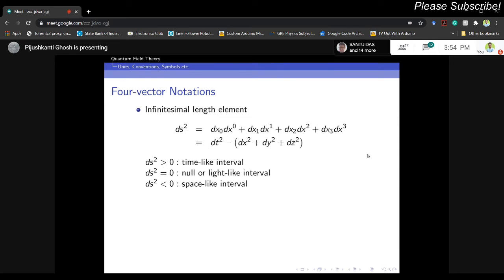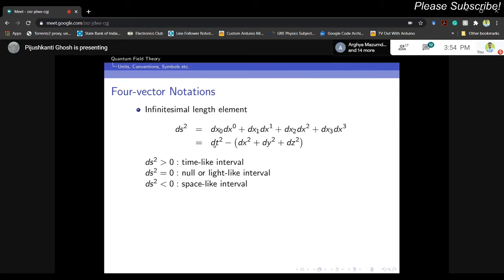Now whatever you were asking, you see that depending on whether this is positive, negative or 0, this is the classification. Now ds square is the difference of two positive quantities. dt square is a positive quantity, dx square plus dy square plus dz square is also a positive quantity.